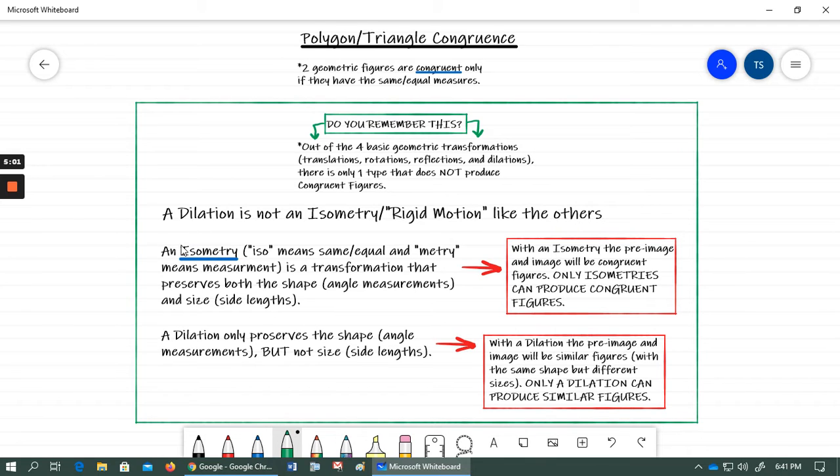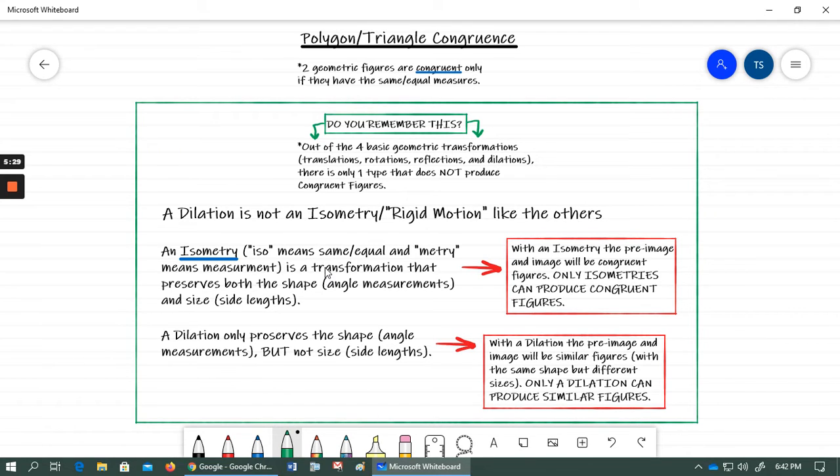And again, we defined what an isometry was in that previous lesson, the introduction to transformations. We said that an isometry or rigid motion is a transformation that preserves the shape, which means it preserves the angle measurements, and an isometry preserves the size, which means it preserves your side lengths, right?